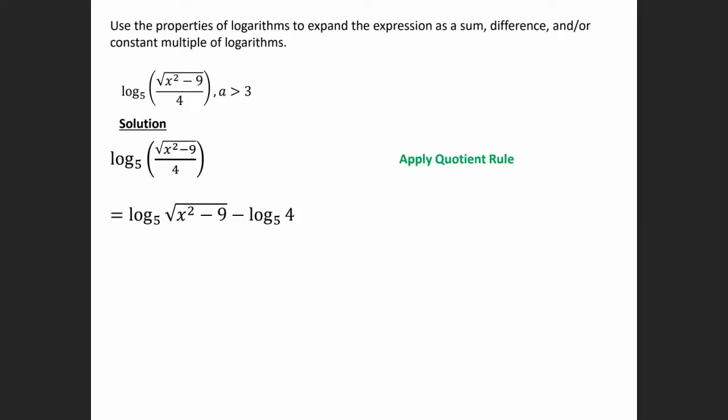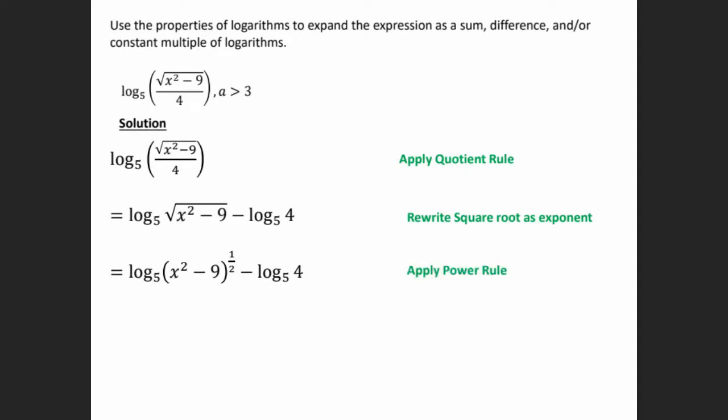Log base 5 of the numerator, square root of x squared minus 9, minus the log base 5 of the denominator, 4.